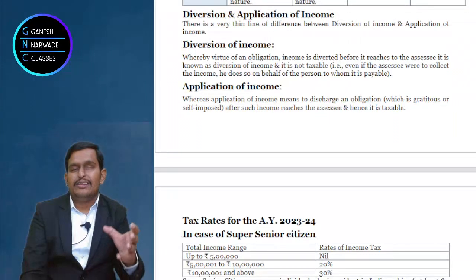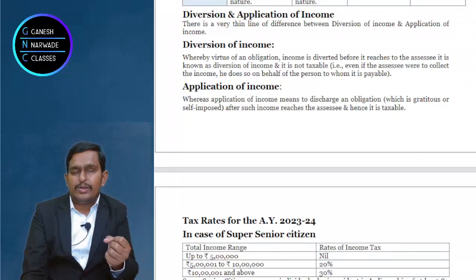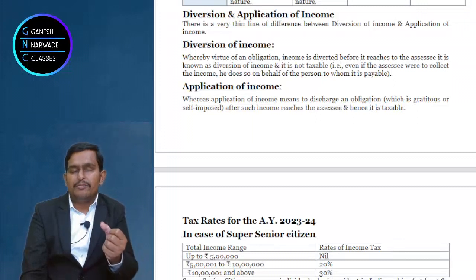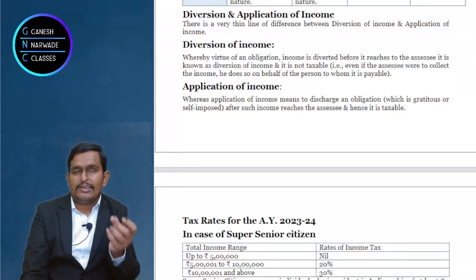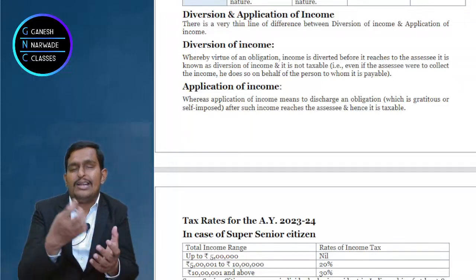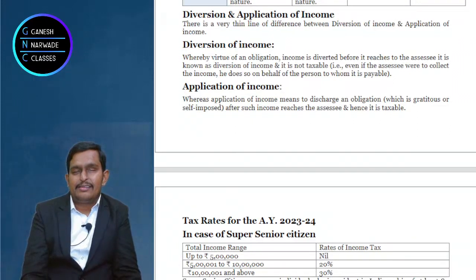Did the firm earn that 3 lakhs rupees? Firm's income is 3 lakhs, they got it, but on behalf of whom is that 1 lakh held? Of course the firm got 3 lakhs, but that 1 lakh belongs to the deceased partner's wife, and it is a preset obligation by a legal agreement in writing.